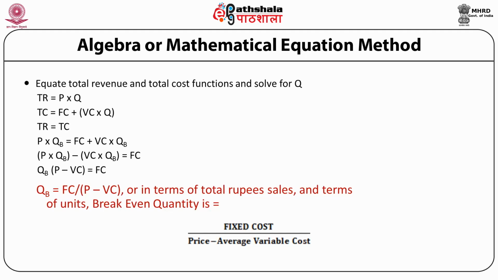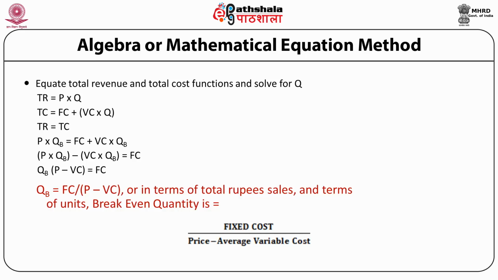In this method, we calculate the break-even point by solving these equations. As we know, total revenue is equal to total output multiplied by price per unit of output. That means it is equal to Q into P, where P stands for the price of the commodity.